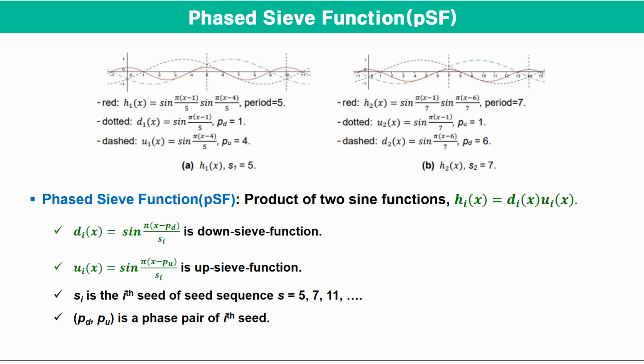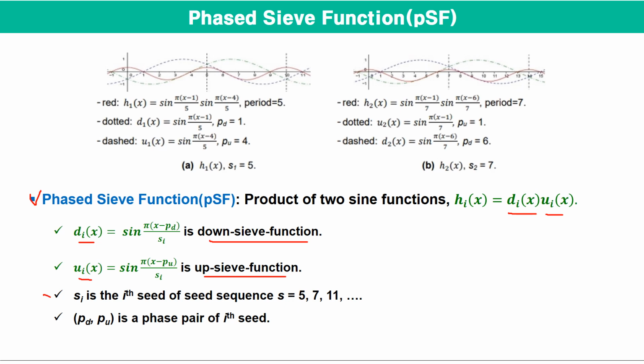Let's define the phased sieve function. The phased sieve function is the product of two sieve functions, di and ui, where di represents the down sieve function and ui represents the up sieve function.